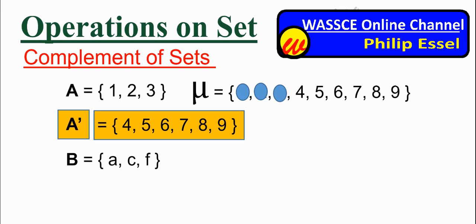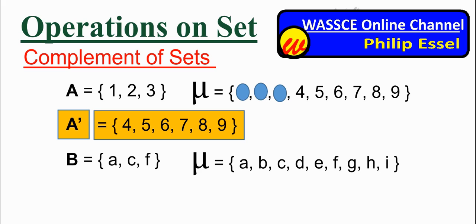With this example, we have set B with the members A, C, and F. And we have our universal set A, B, C, D, E, F, G, H, and I. Let's look for B complement.